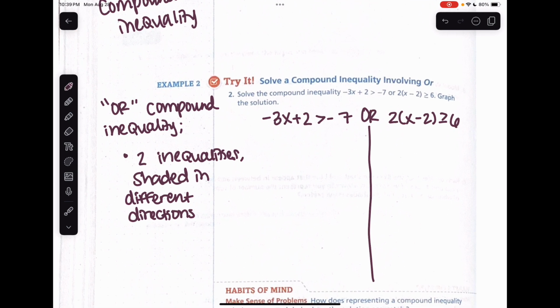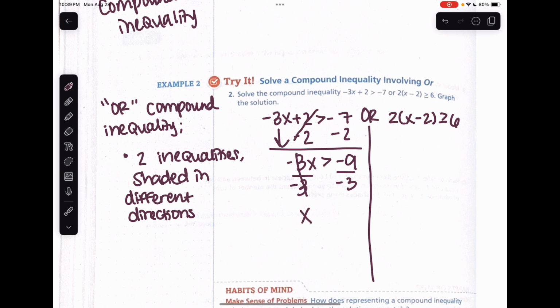I'm going to subtract 2 from both sides of this left inequality, and solve. That'll be -9. Then I'll divide both sides by my coefficient, which is -3. When I divide by a negative, I'm using the same rules that we had for regular inequalities. I have to flip my symbol since I divided by a negative number.